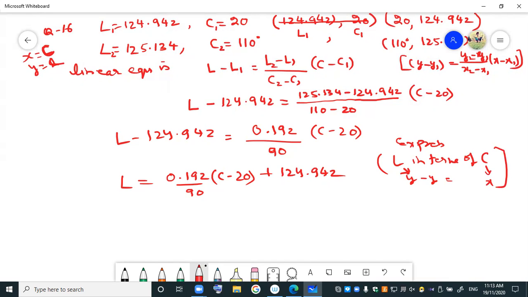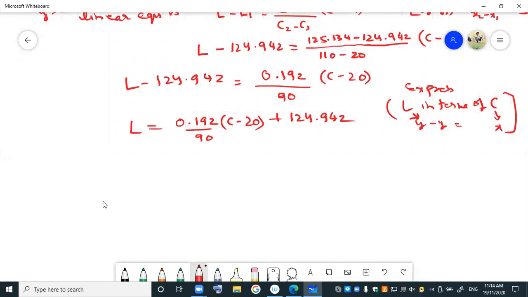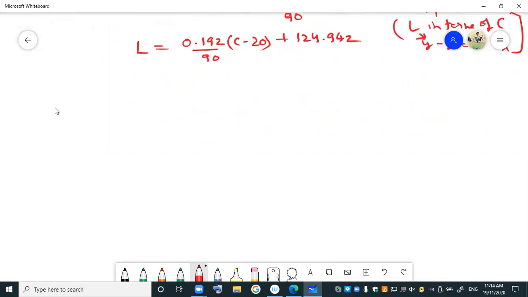If the question were reversed, express C in terms of L, then C would become y and L would become x. Similarly, the next question, question number 17, is also just like this.